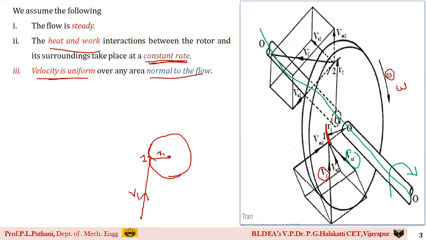This is the axial velocity, VA1. This is your axis, and around this the rotor is going to rotate.